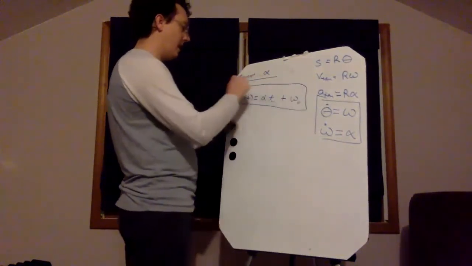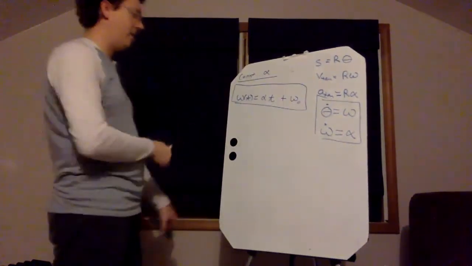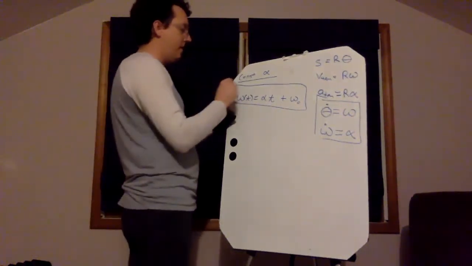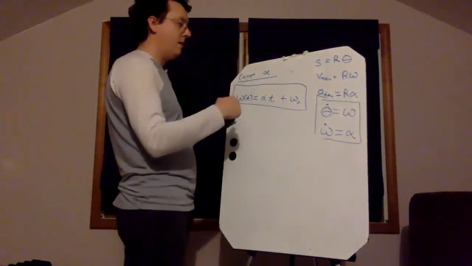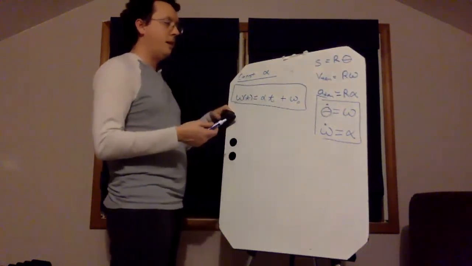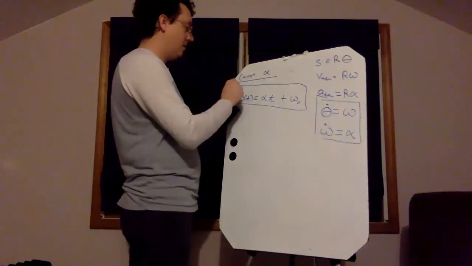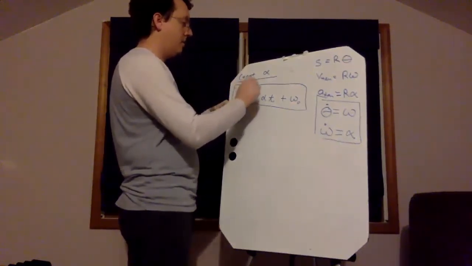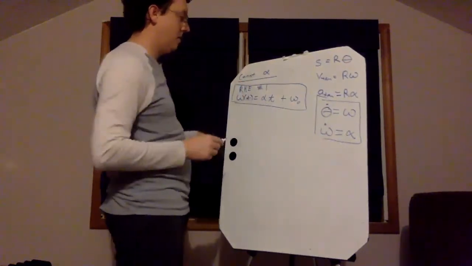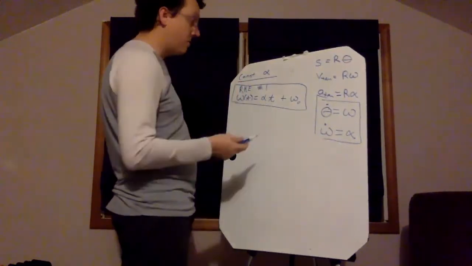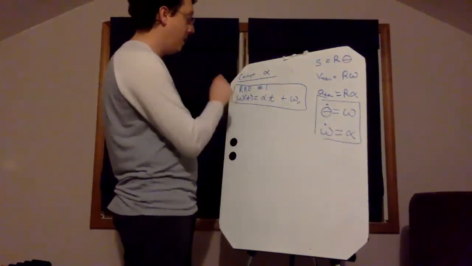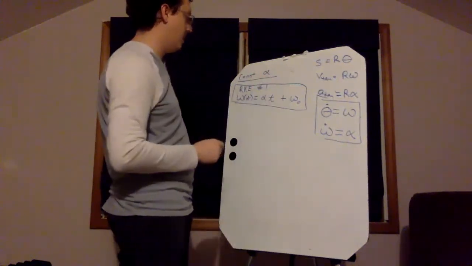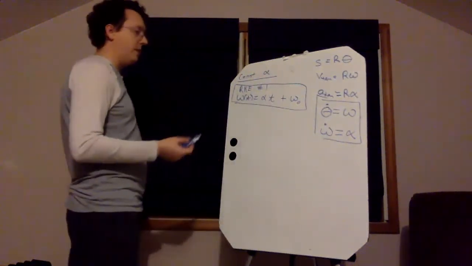I want you to stare at that and think about it. Have I seen that before? Absolutely you have. This is just kinematic equation 1 rewritten with angular variables. So this is rotational kinematic equation number 1, and it looks just like kinematic equation number 1, except you use angular velocity and angular acceleration. Everything's the same.